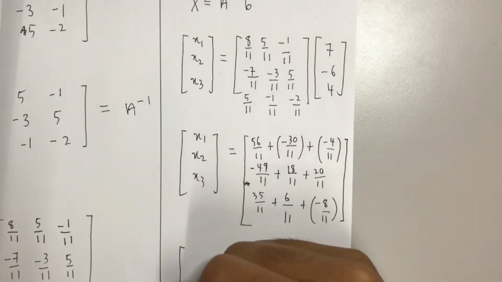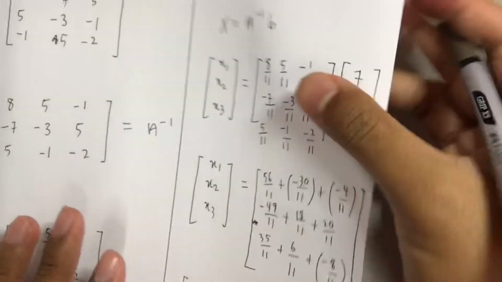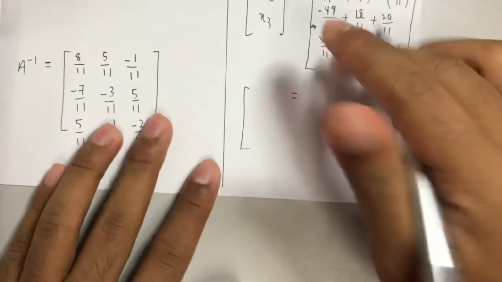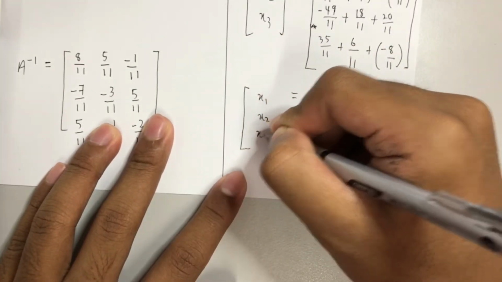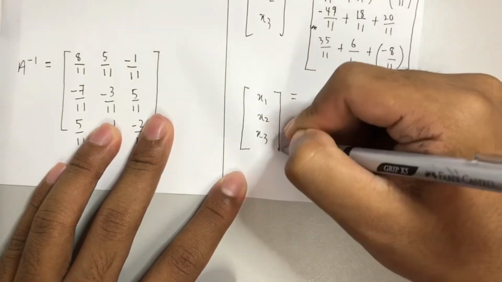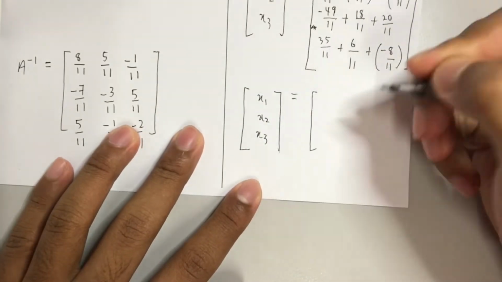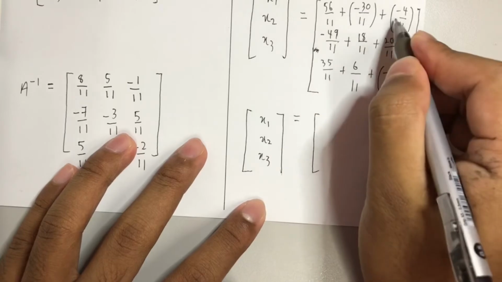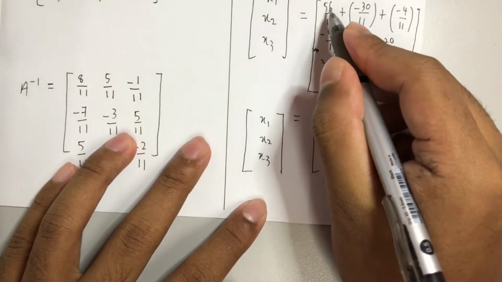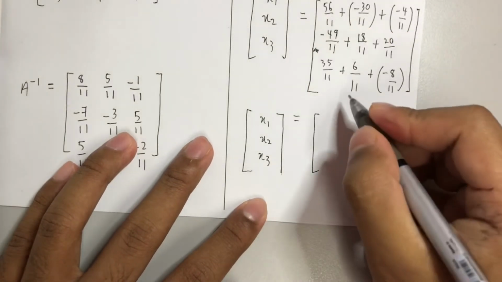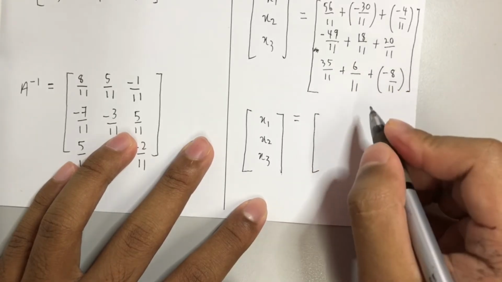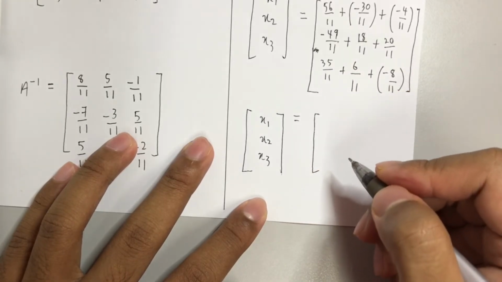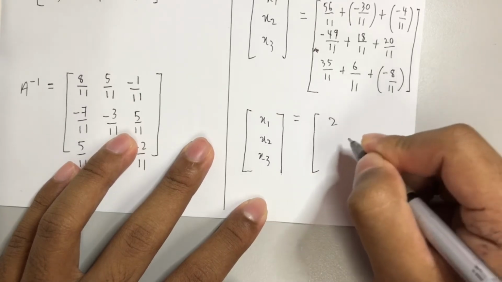So the final answer is x1, x2, x3 equal to 56 over 11 plus negative 30 over 11 plus negative 4 over 11, which is equal to 2.